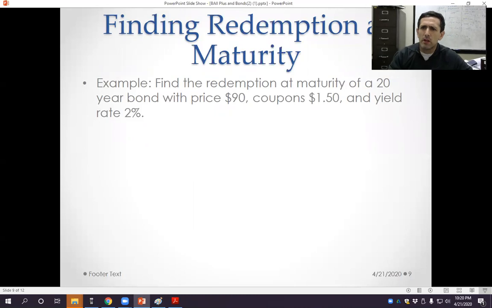So let's find the redemption at maturity of a 20-year bond with price $90, coupons $1.50, and yield rate 2%. Okay, so here we'll actually check that this redemption at maturity is not going to be, well, you don't really know if it's the face value or not, because you don't know what the coupon rate is, but that's okay.